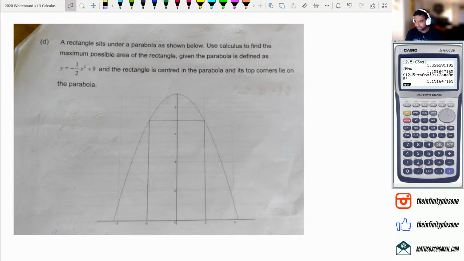Finding area under the curve, they're just annoying, but all it takes is to go step by step through what's actually happening. And I'll show you guys how this actually looks, because sometimes people don't see the demonstration, and because they don't see it, it doesn't make sense to them. So what's the equation? Negative half x squared plus 9.